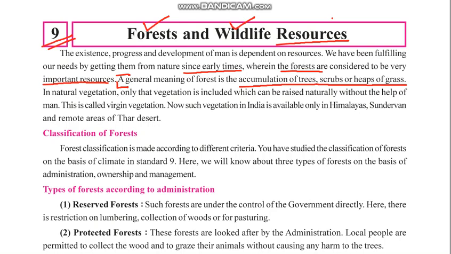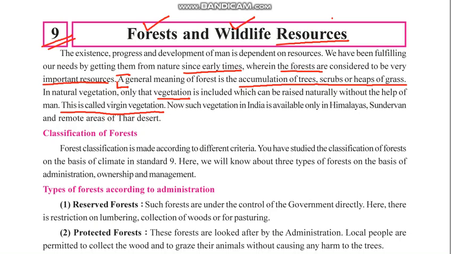In natural vegetation, only that vegetation is included which can be raised naturally without the help of man. This is called virgin vegetation. This is the definition of virgin vegetation. The forests which are grown without any kind of help from man are called virgin vegetation.